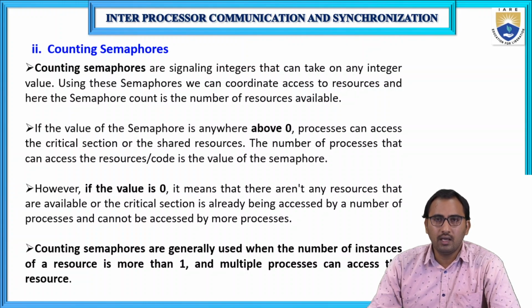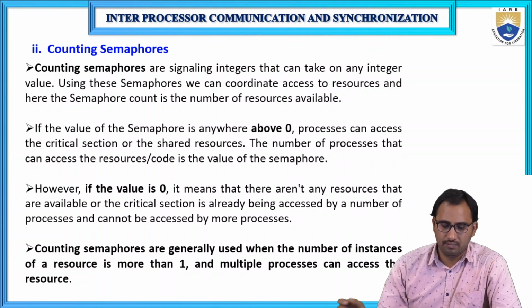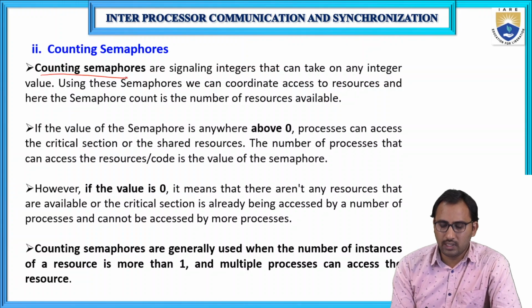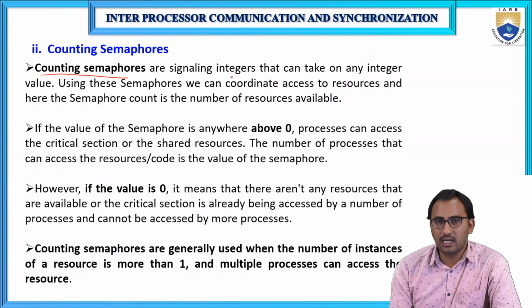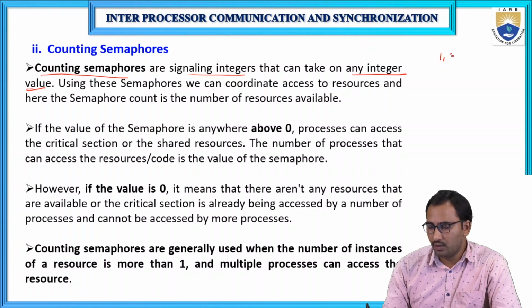And coming to the second type, that is the counting semaphore, or signaling integers. These are signaling integers that can take on any integer value, like 1, 2, 3 and up to n.